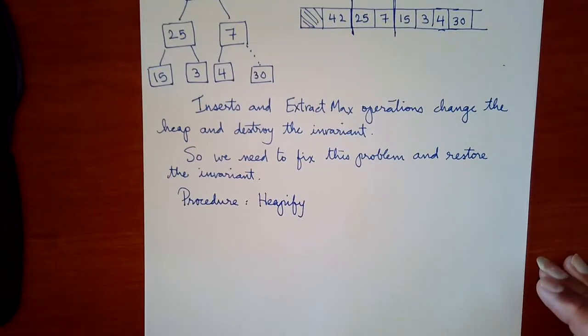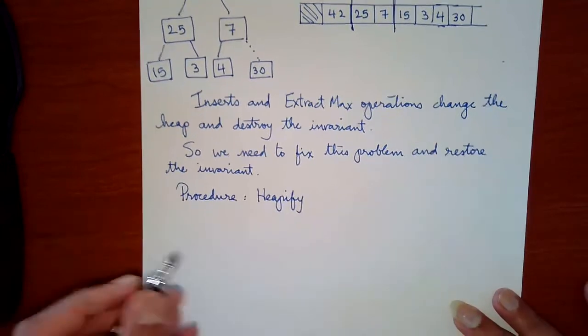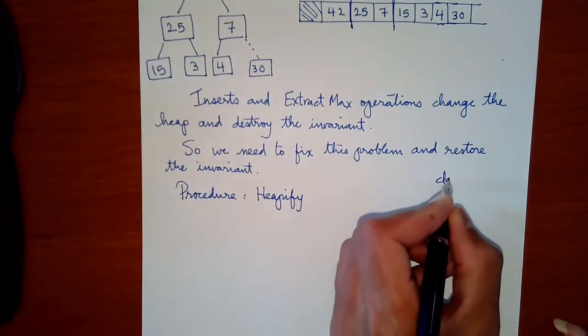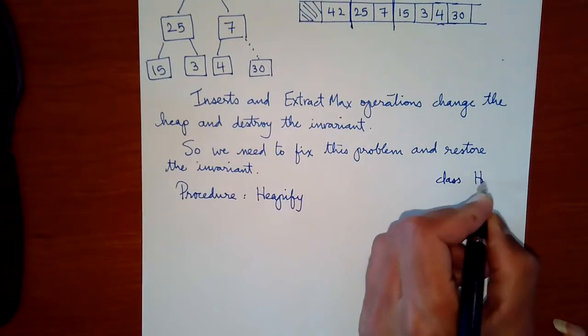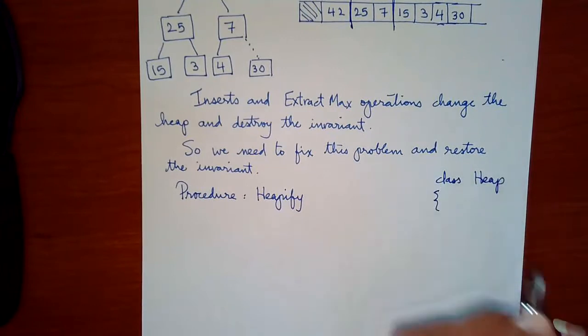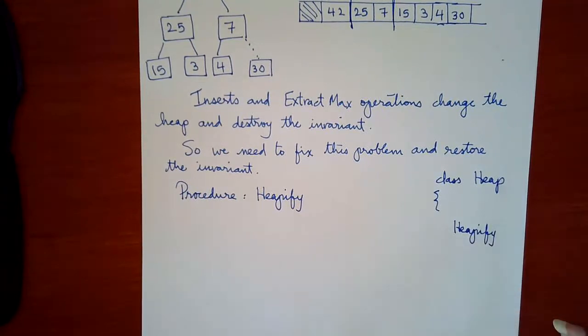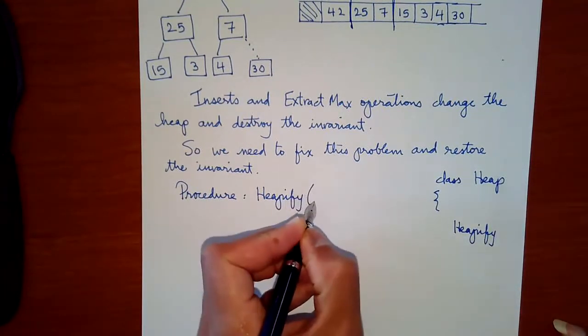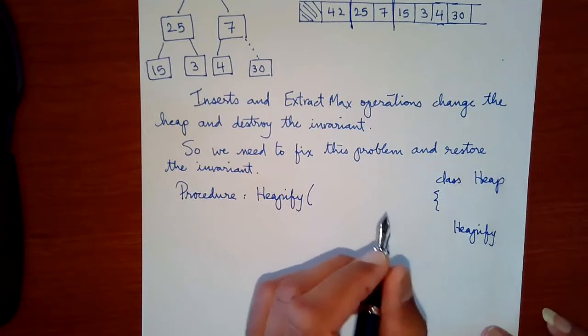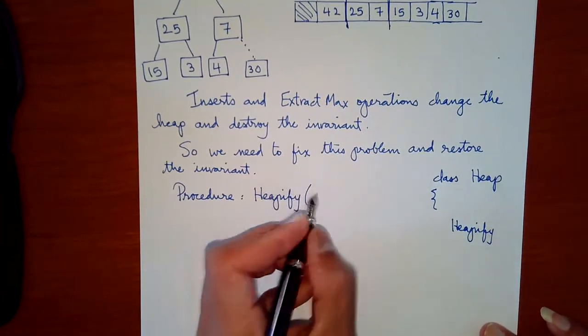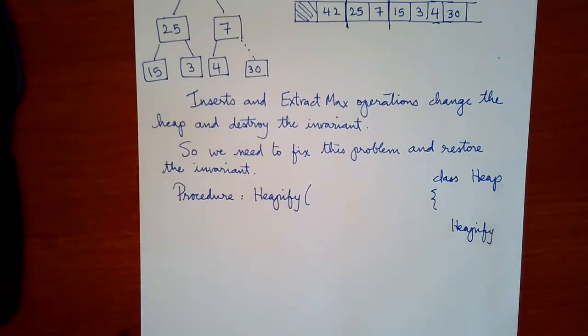Okay, so what Heapify is going to do is, so the way to think about this is, let's say you have your class heap. We're going to have some procedure Heapify in this class. Heapify is basically going to take a single argument.